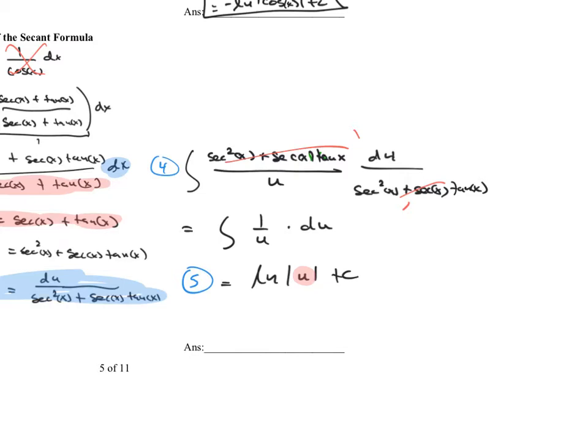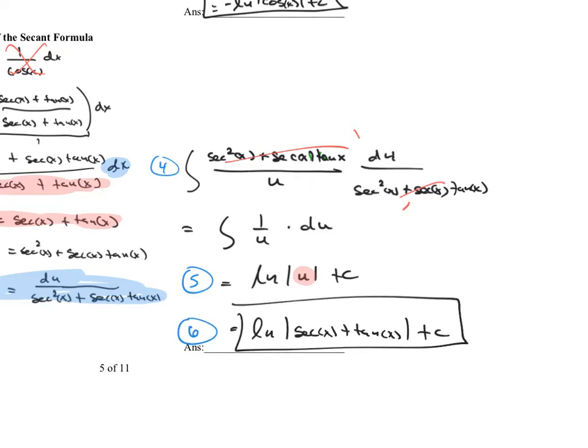So step 6, I'm going to write this in the answer blank. This is equal to the natural log of the absolute value of u, which was secant x plus tangent of x, plus c. Really, really cool, clever trick there to get our final answer.